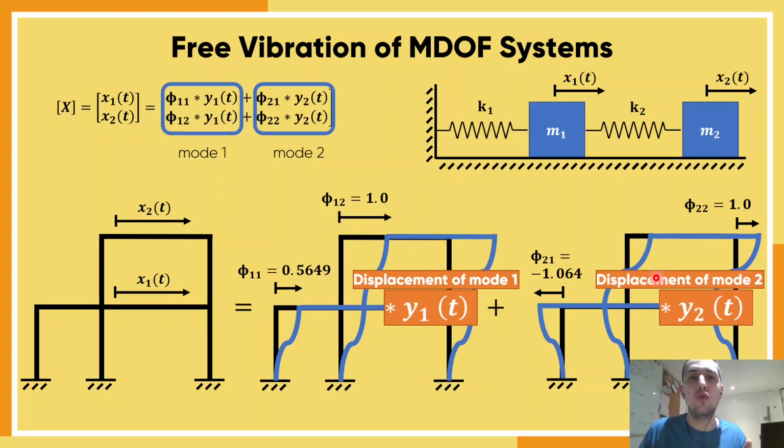Where is mode 2 at that particular point in time? If we can answer this question, to find the contribution of mode 2 to the motion of our degrees of freedom, we just need to multiply by the mode shapes, and when we add the two components, we finally get the correct, accurate answer for the motion of our structure.